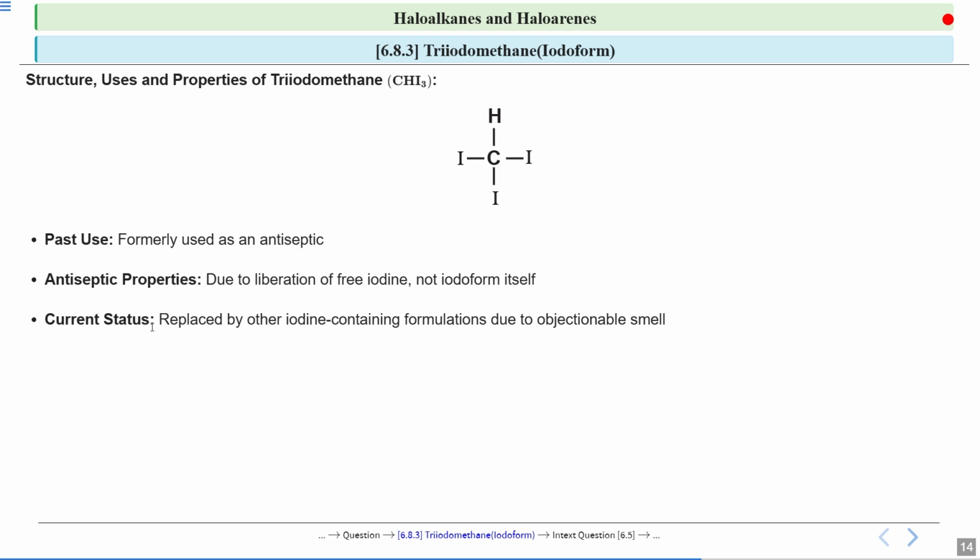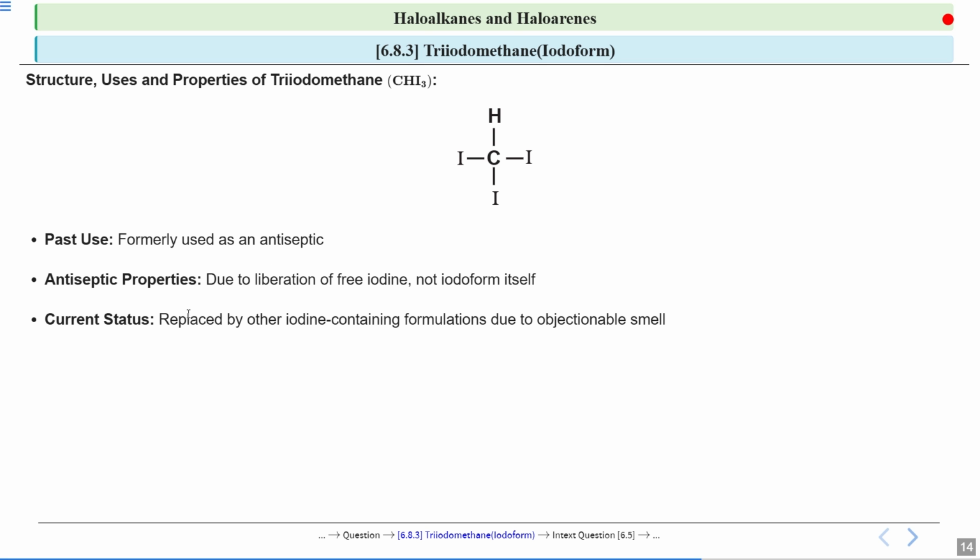Current status: in today's time, it is replaced by other iodine containing formulations due to its objectionable smell. We used triiodomethane as an antiseptic before because of its ability to liberate free iodine.